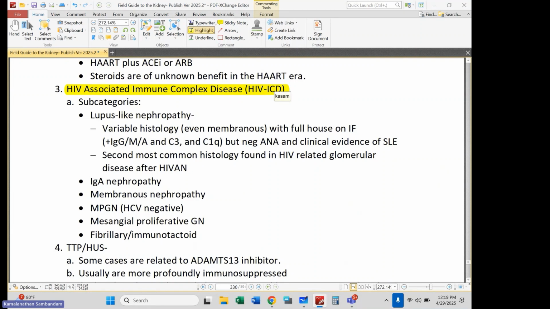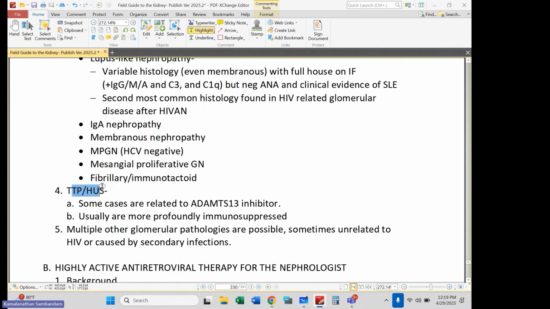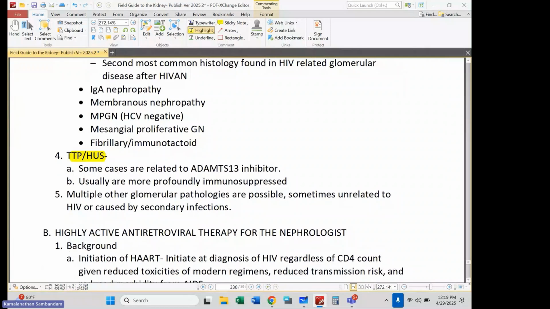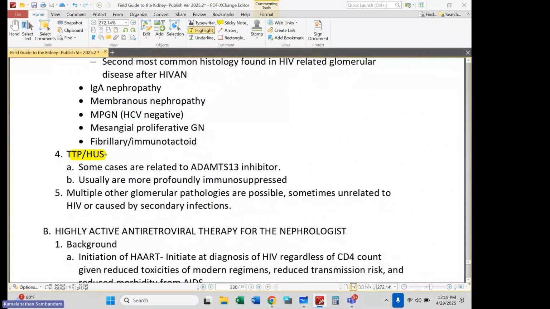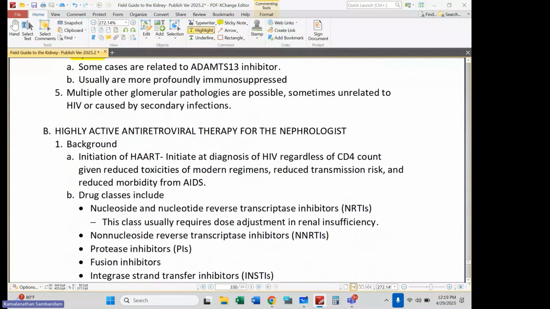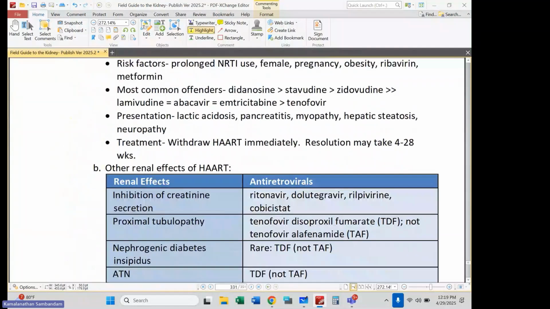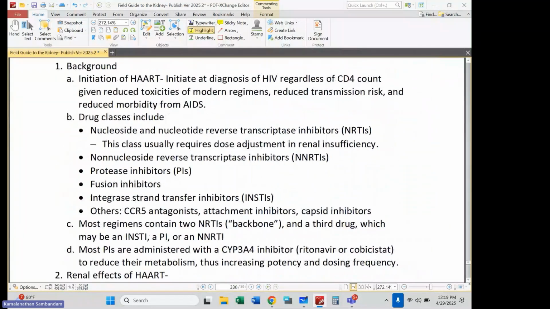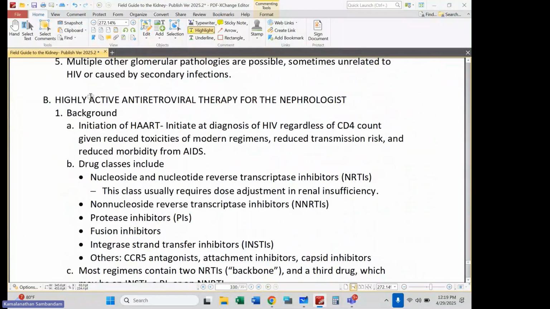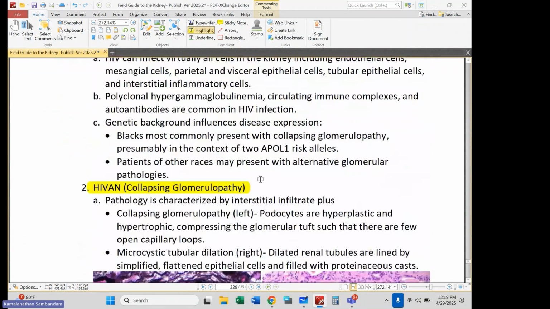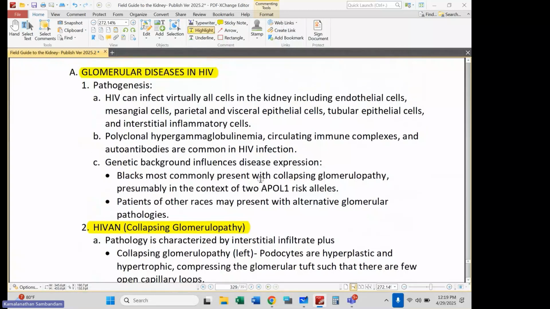As another category of glomerular disease, you can have thrombotic microangiopathies, and then you can also even have tubulointerstitial disease, which we're not going to cover in great detail. The other main category that I want to cover is what these HIV therapies do that the nephrologist must be aware of. There's a variety of angles to that part of the discussion. So with that introduction, let's take on the glomerular diseases first.